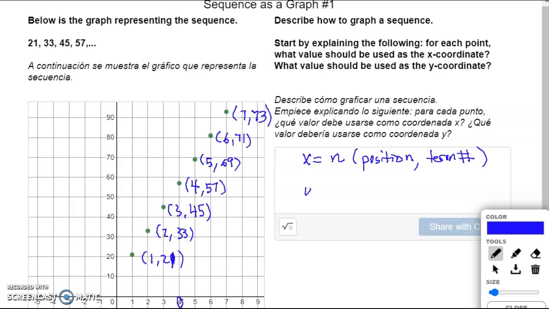Okay, and the y-coordinate represents the value of the sequence, because 21 is referring to the first term, 33 is referring to the value of the second term, 45 is referring to the value of the third term, and so on.